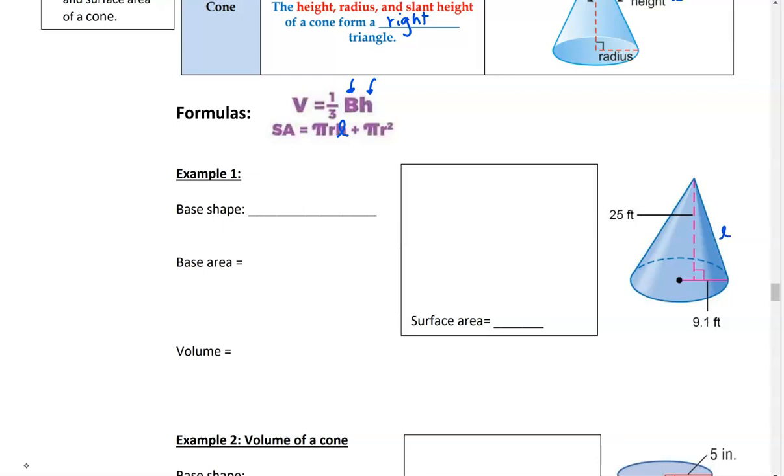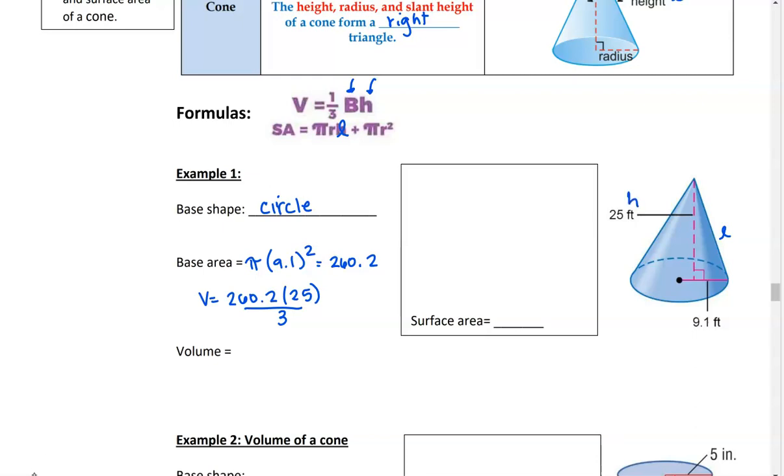So what is the base shape? It is a circle. To find the area of the base, or the capital B, we do pi r squared, so pi times 9.1 squared, which gives us 260.2. For our volume formula, it is the area of the base times the height, and this is the height, it is perpendicular.